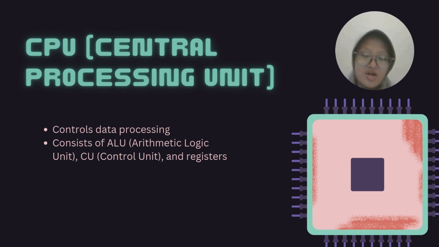The CPU is often called the brain of the computer because it controls all data processing operations. It contains three main parts: the ALU, arithmetic logic unit, which performs mathematical and logical operations; the control unit, CU, which directs all activities inside the computer by interpreting and executing instructions; and registers, which are small high-speed storage used to temporarily hold data and instructions.